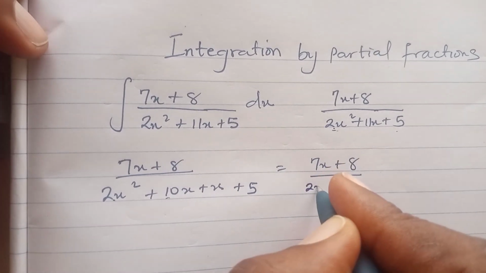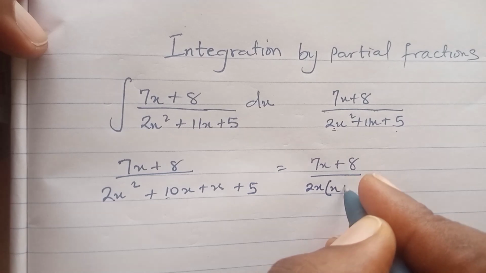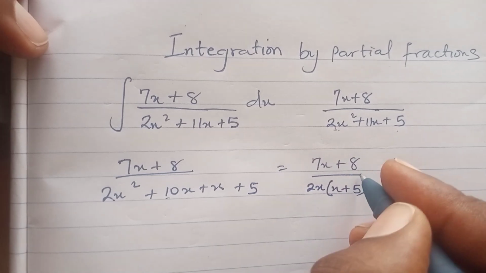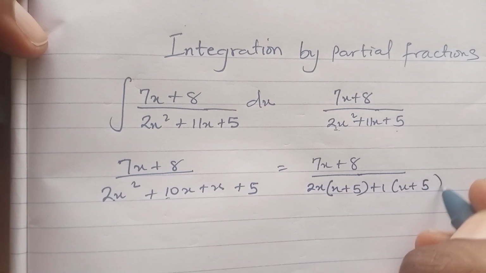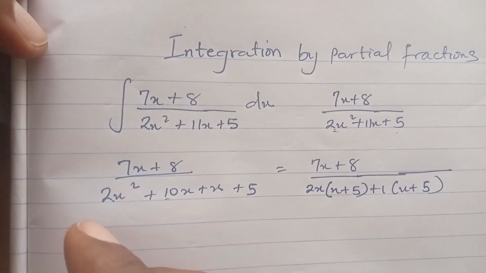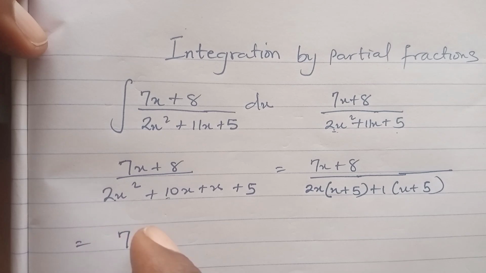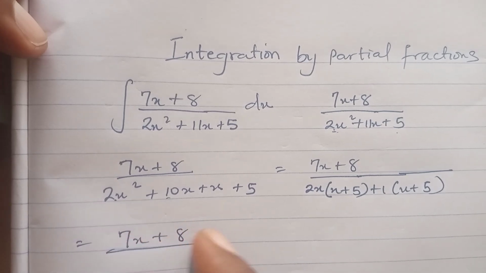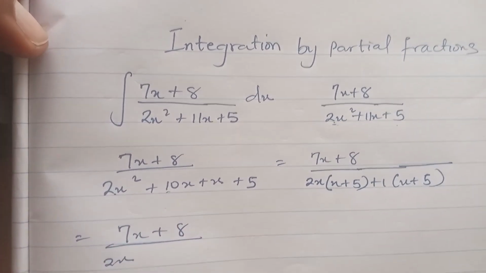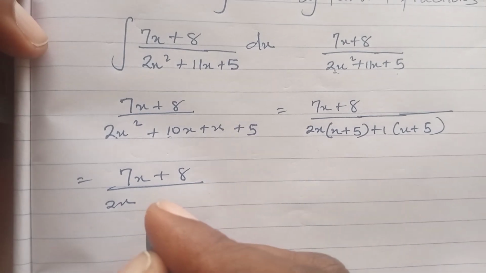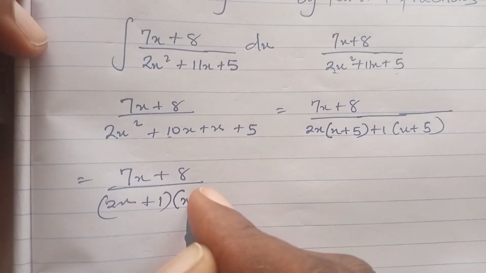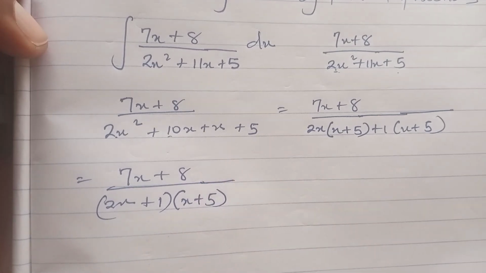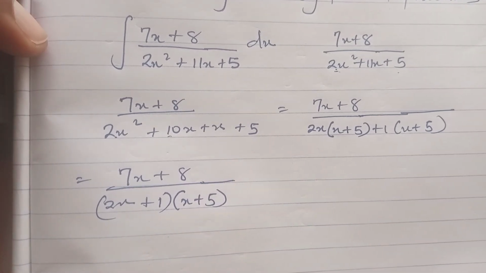We have 2x. Then what's left here? x plus 5, plus 1 with x plus 5. So finally, we have 7x plus 8 over 2x plus 1 and x plus 5. Now, we've successfully factorized the denominator. Now let's resolve it into partial fraction.